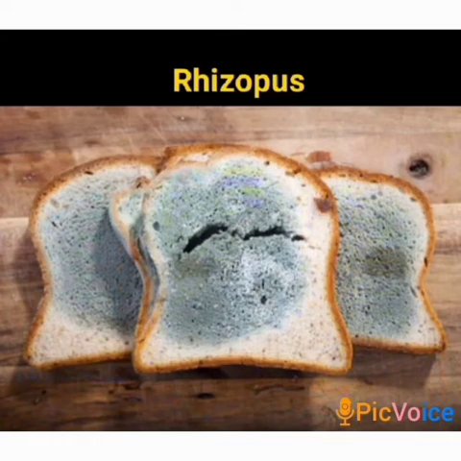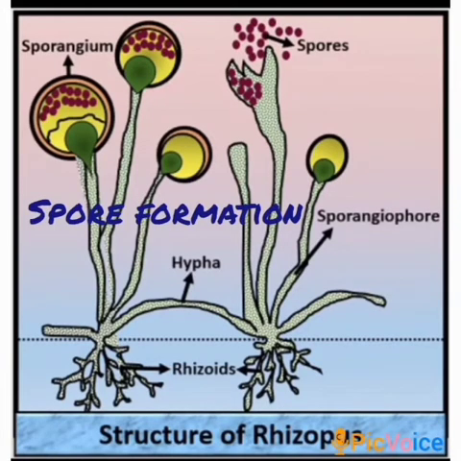Next type is spore formation. This method of asexual reproduction is seen in bread mold or rhizopus. You can see rhizopus in the picture. It has many thread-like structures called hyphae, but they are not reproductive parts. You can also see tiny blob-on-a-stick structures. They are involved in reproduction.